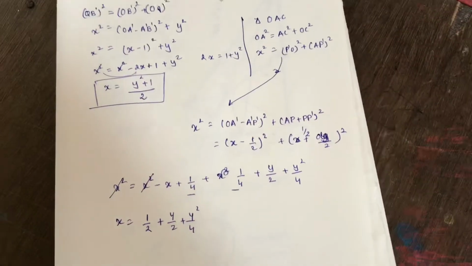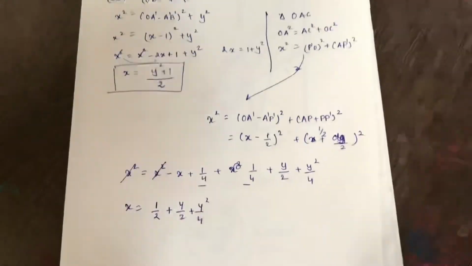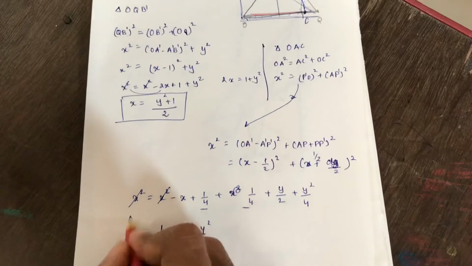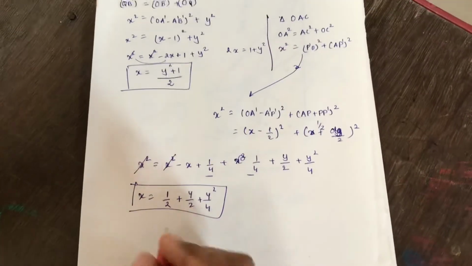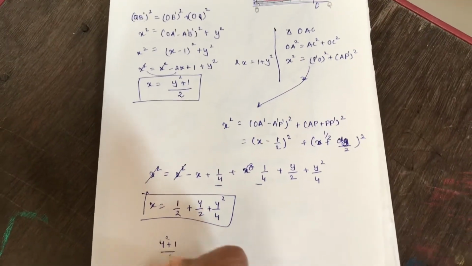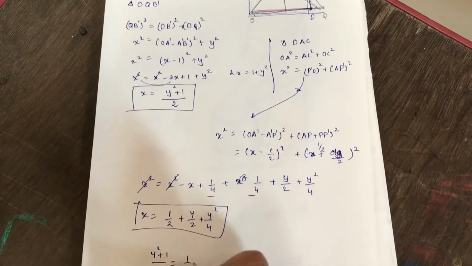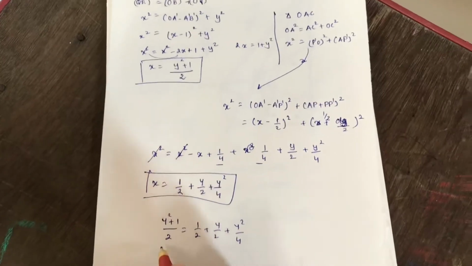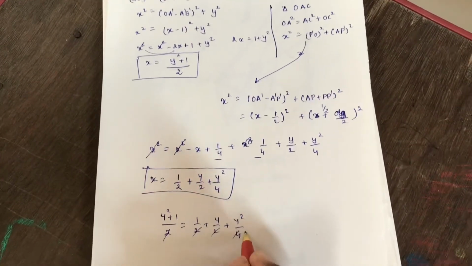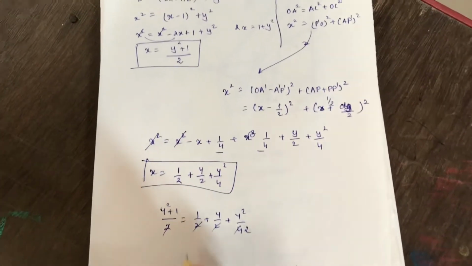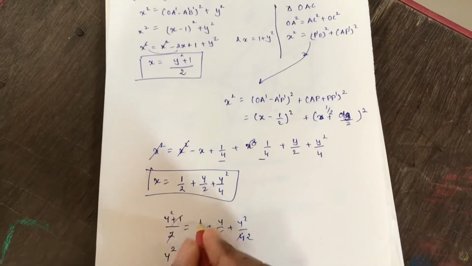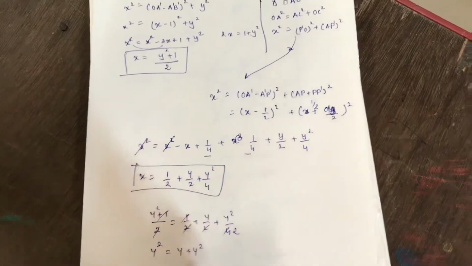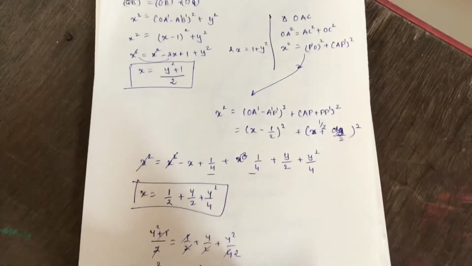Now let us simplify these two equations. On the left side X is the same, so from these two equations we can write Y square plus 1 by 2 equal to 1 by 2 plus Y by 2 plus Y square by 4. So here 2 will be cancelled and here 2 is remaining. So Y square, again plus 1 is cancelled, equal to Y plus Y square by 2.